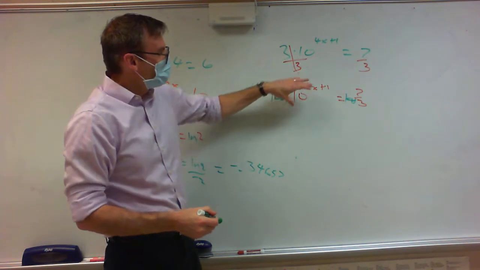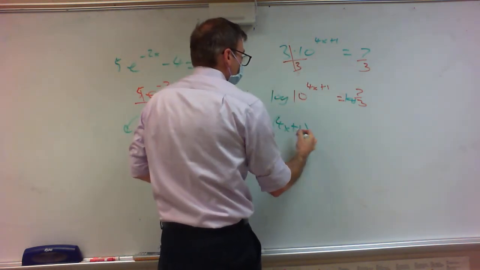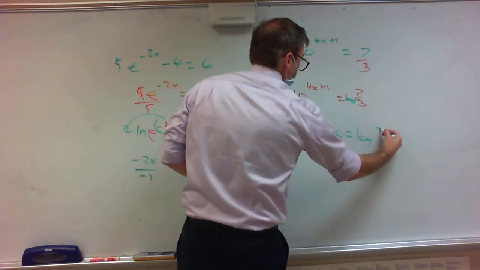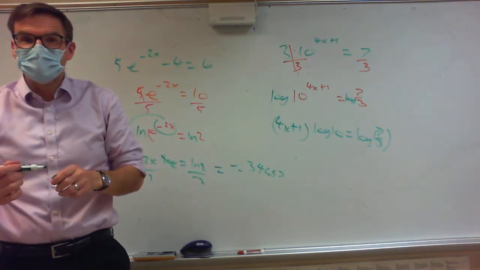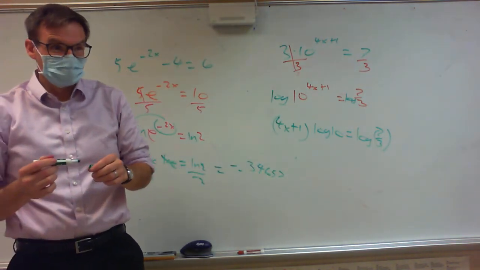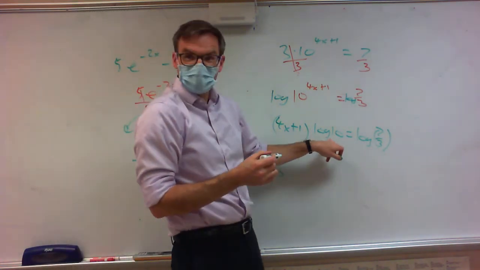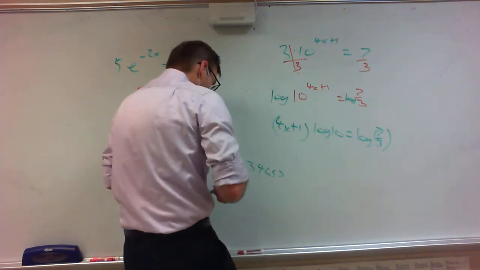And we put that log so we can bring our exponent down in front. So that's going to give us 4x plus 1 times log of 10 is equal to log of 7 over 3. What's log of 10? 1. Everybody okay? Log of 10 is 1, because there's an understood base 10. Log base 10 of 10, that's basically a big fancy 1.